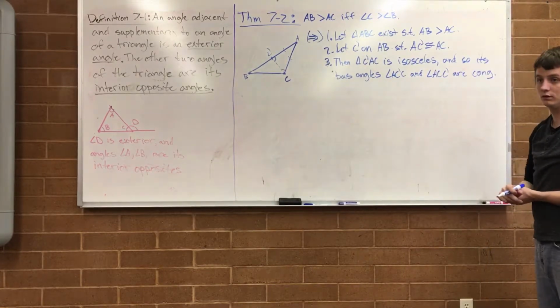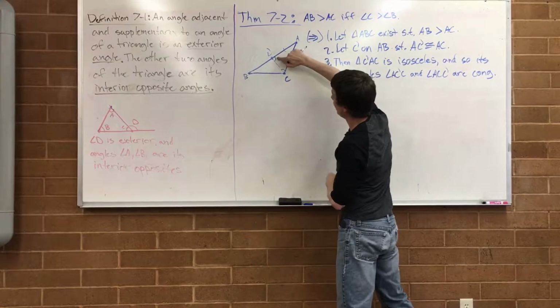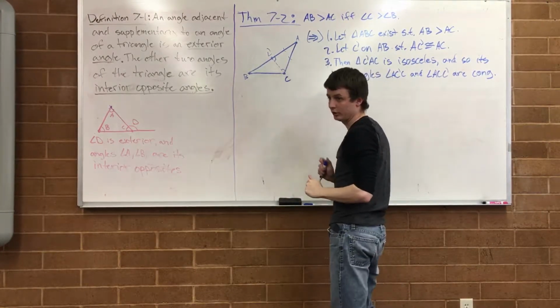Good? These two angles, that one and that one, are the base angles of that isosceles triangle, and so they're congruent.